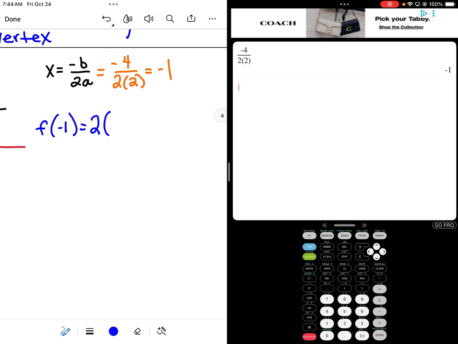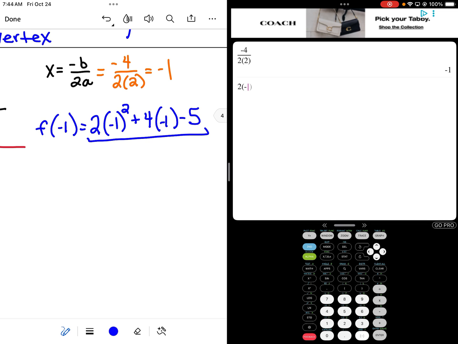So the equation is 2, and every time I see an x, I'm going to put in negative 1: 2 parentheses negative 1 squared plus 4 parentheses negative 1 minus 5. I want you to show this on your paper. You've got to write it down, then plug it into your calculator. The only thing I put in the calculator is the right side. So let's put this in together.